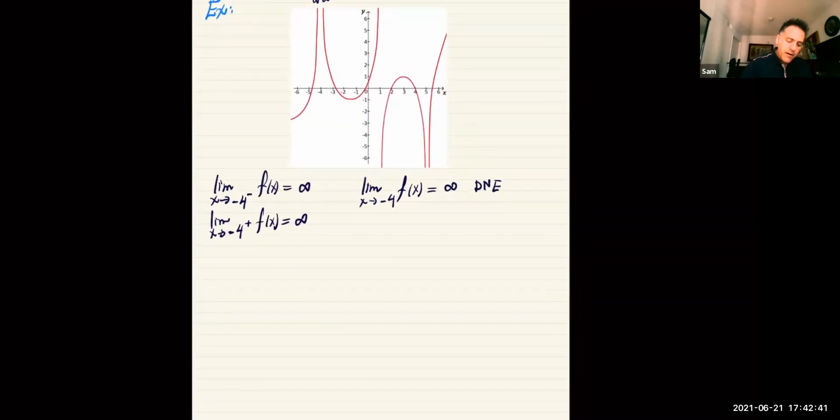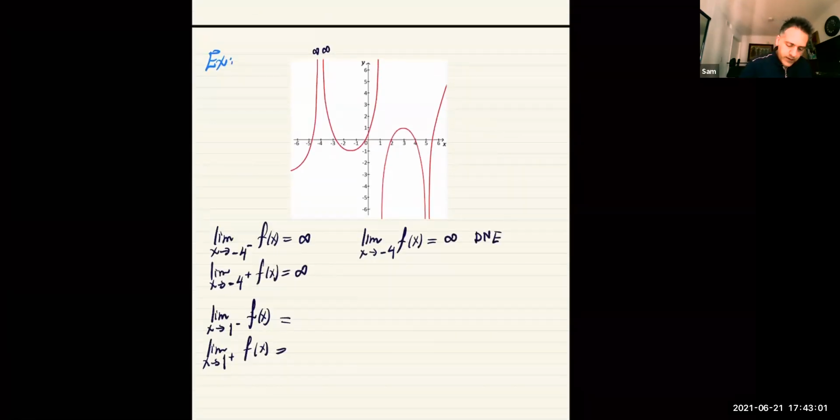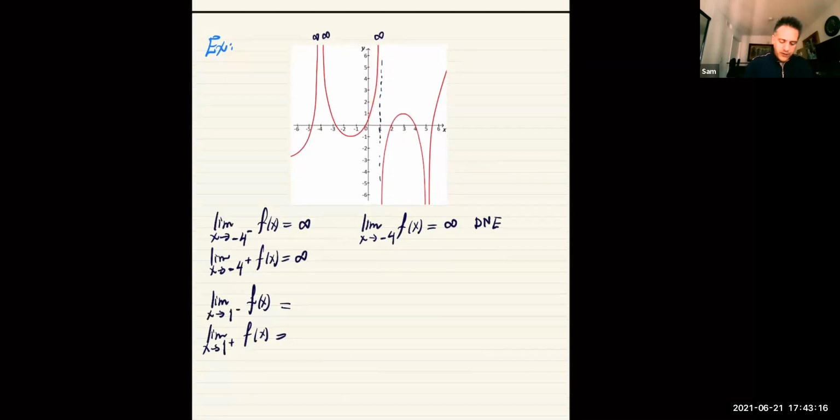Okay, let's look at the limit at 1. Limit as x goes to 1 from the left. Limit of the function as x goes to 1 from the right. Here is the vertical asymptote. On the left of 1, this is the piece of the graph that's on the left, and it's going up to infinity. So from the left, the function goes up.